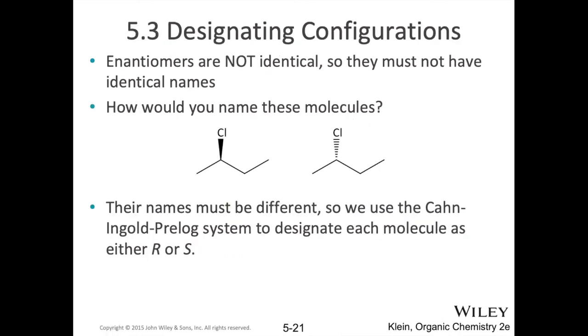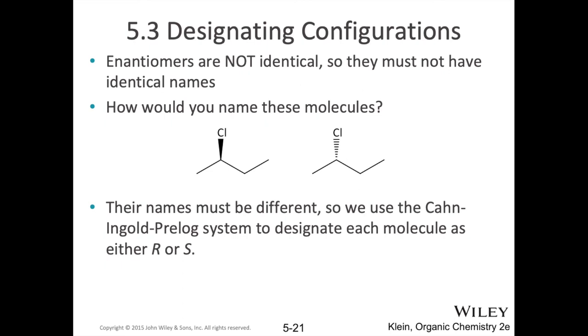Okay? So these two molecules, again, are not identical, right? We've seen that with all the other stereoisomers, with our cis-trans isomerism as well. But just like with cis-trans isomerism, we need to have a word or a prefix or something that helps us distinguish between the two names for these molecules, right?